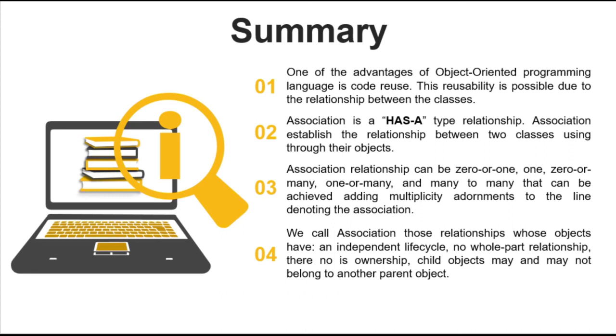Association relationship can be 0 or 1, 1, 0 or many, 1 or many, and many to many, that can be achieved by adding multiplicity adornments to the line denoting the association. We call association those relationships whose objects have independent life cycle, no whole-part relationship, there is no ownership, child objects may and may not belong to another parent object.